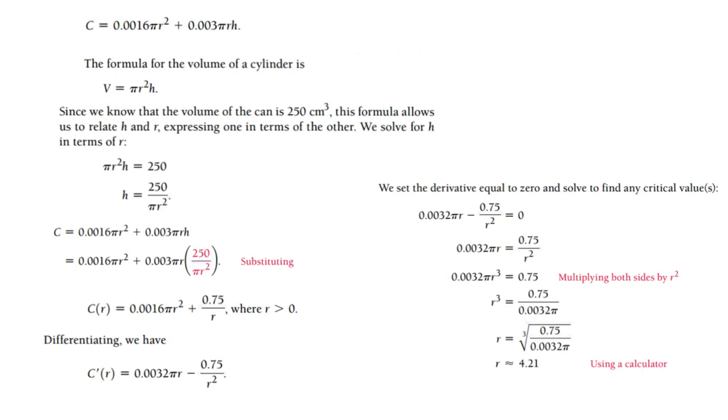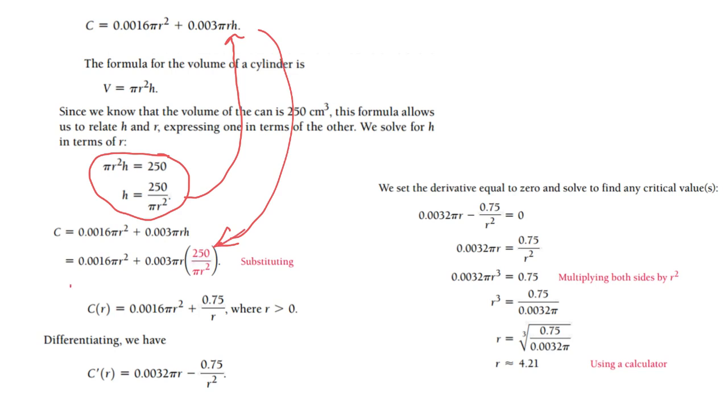We can use the constraint and solve for a variable. Here I can solve for h and substitute that h into the cost function. I use the constraint, solve for h and substitute here in the cost function. That is the same thing here. You can see that.